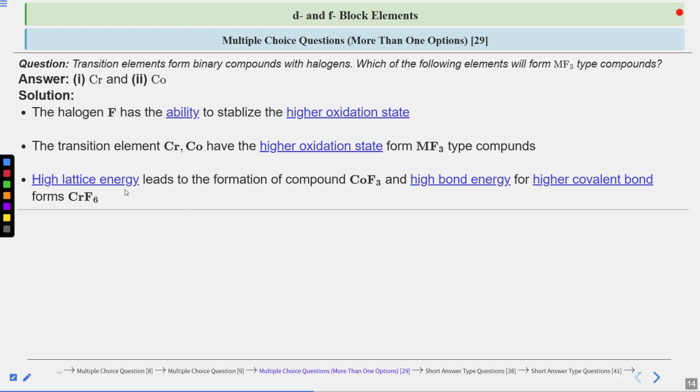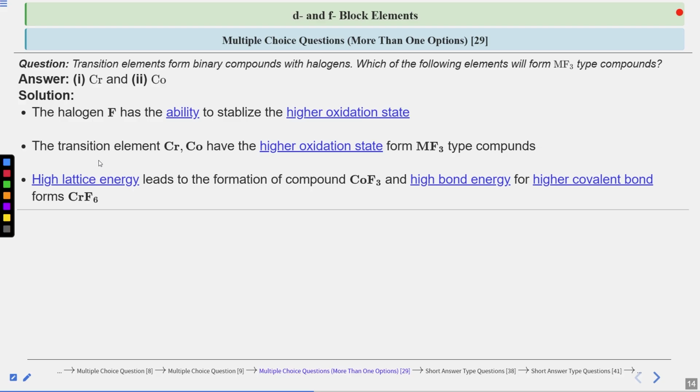The high lattice energy leads to the formation of the compound CoF3, because it is going to have 3 unpaired electrons with which the bonding will form, and high bond energy for the higher covalent bond forms CrF6. High bond energy means the energy that you require to break the bond. That will be high for chromium fluoride, and also the bonding that is forming is covalent, so that energy is going to be higher.